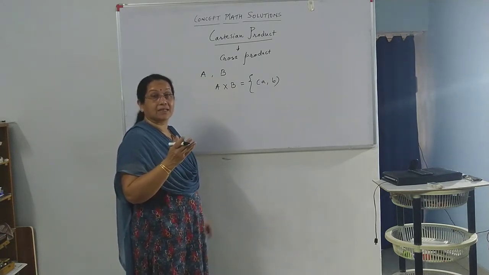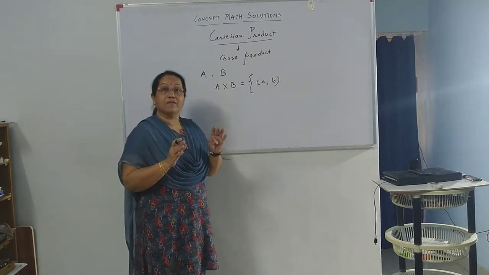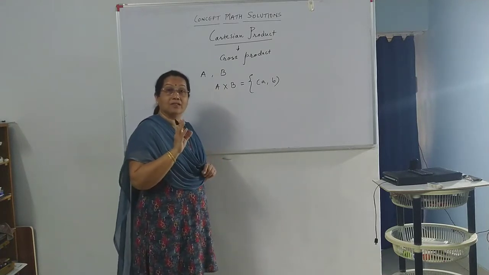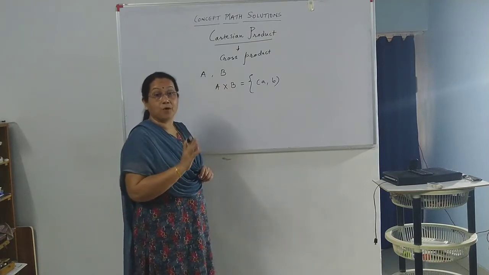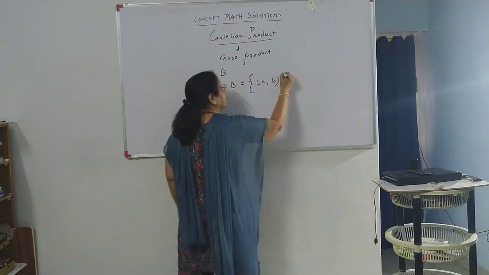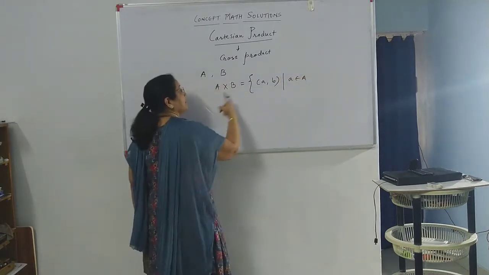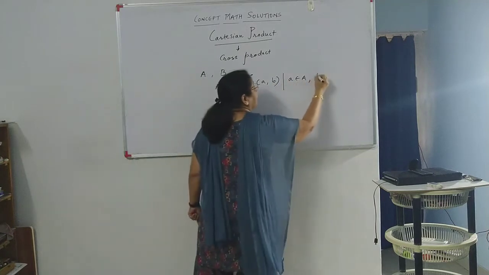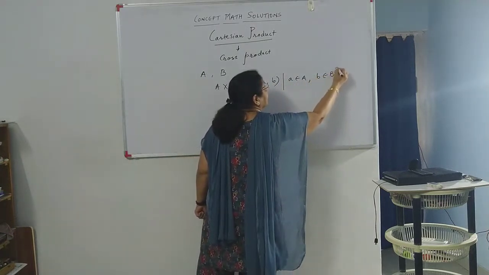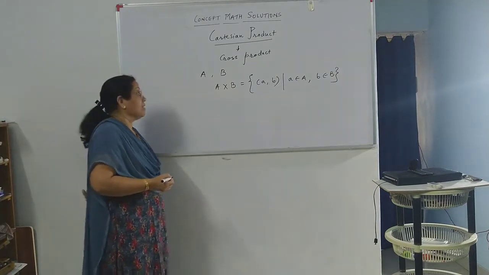X-axis and Y-axis. There the ordered pair, say (2, 3), was different from (3, 2), right? The order is important, the sequence is important, that is why it is called an ordered pair. So (a, b) such that a is in A, the first element is in the first set, and the second element is in the second set. That's the Cartesian product.